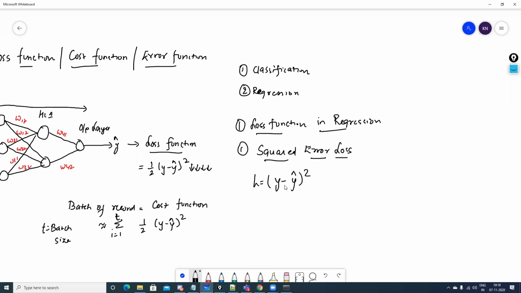That's it. This is my formula for squared error loss. If I want to convert this into a cost function, I'll write the cost function J as summation of i equal to 1 to t of (y minus y hat) whole square. Here t is called the batch size.